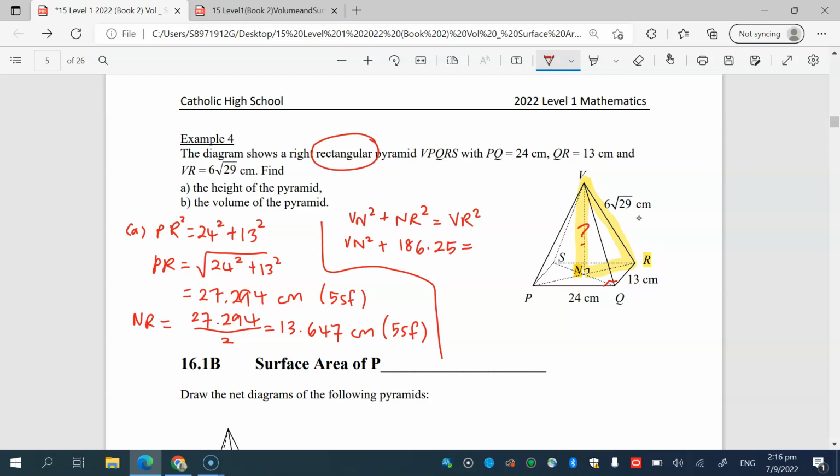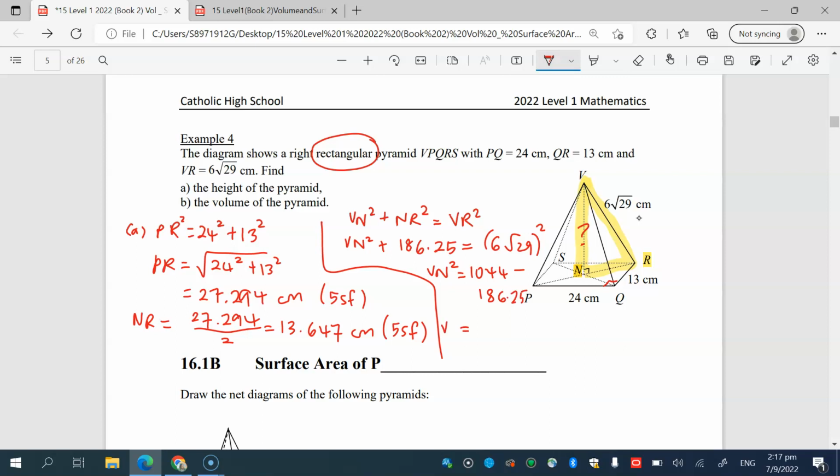Okay, and then VR square will be 6 root 29 square. So when you press calculator, 6 root 29 square is just 1044. So VN square is equal to 1044 minus 186.25, right?